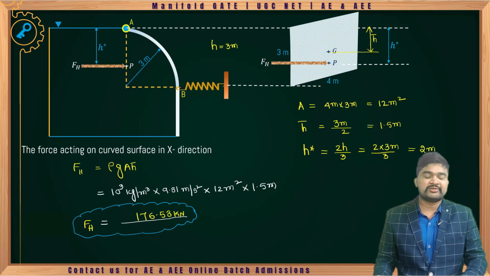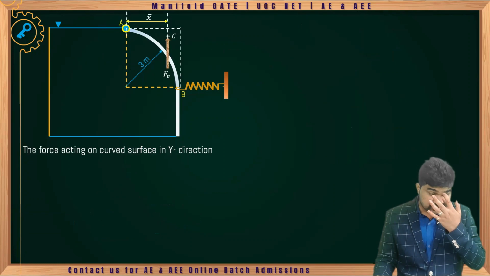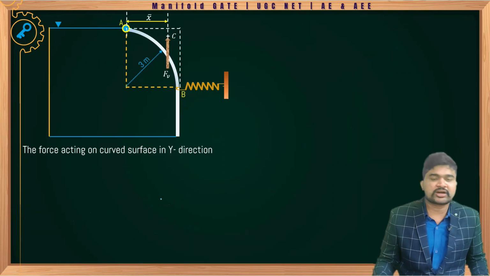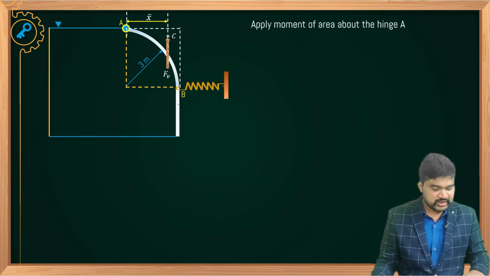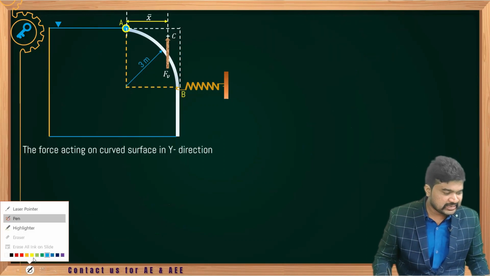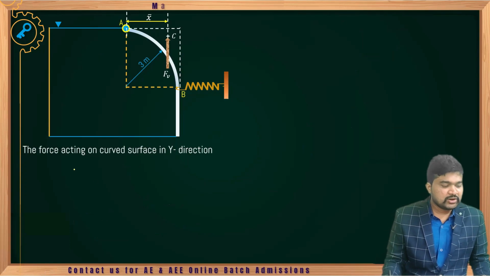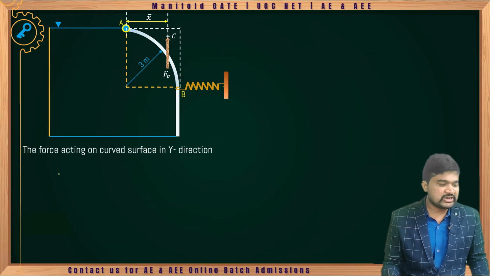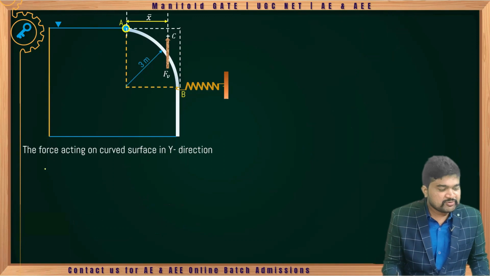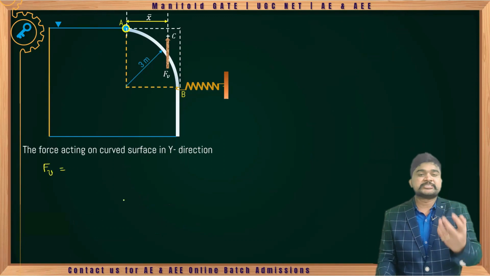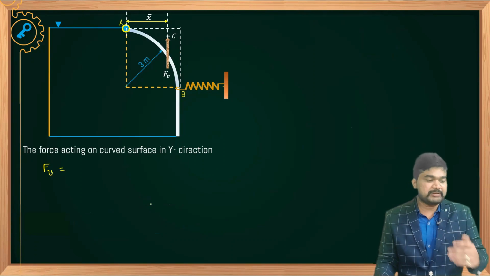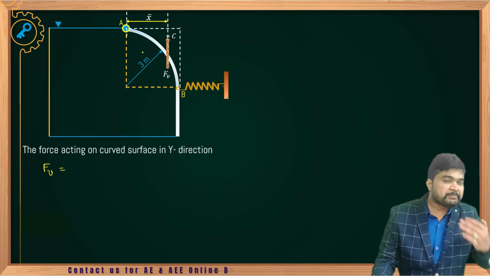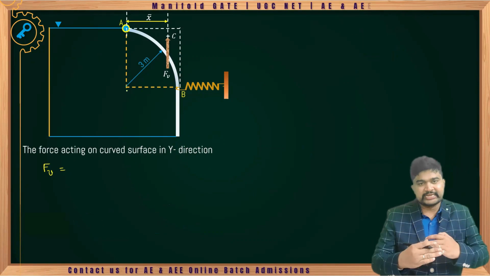Now coming to the vertical force. How to determine the force acting on the curved surface in y direction? Fy or Fv is equal to the weight of the fluid displaced, because fluid is present below the gate.